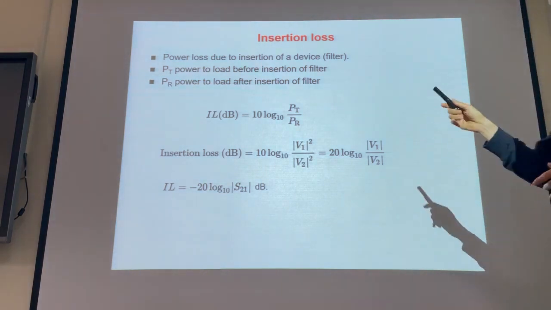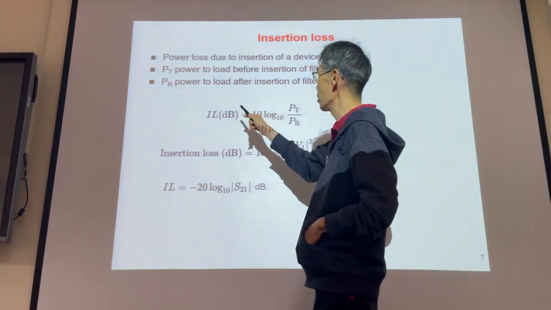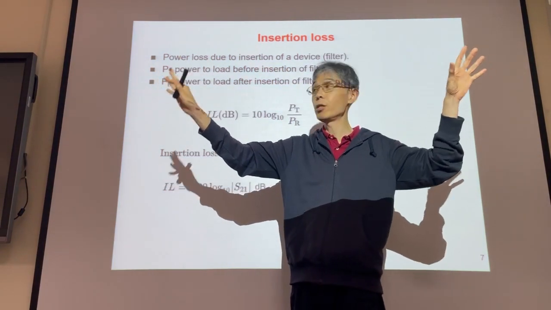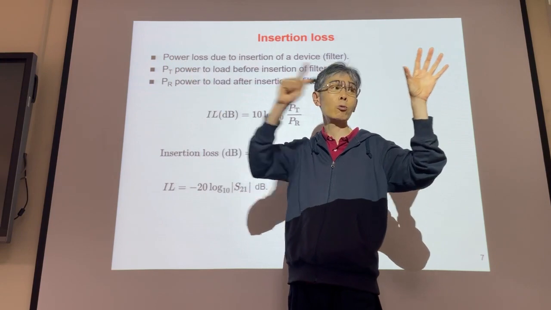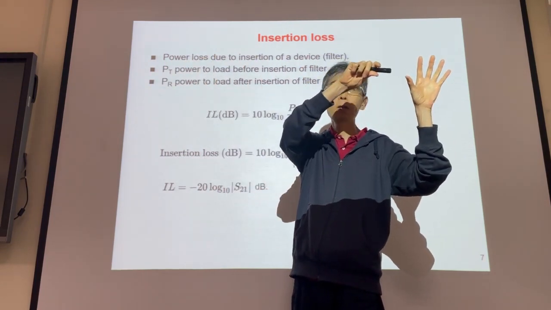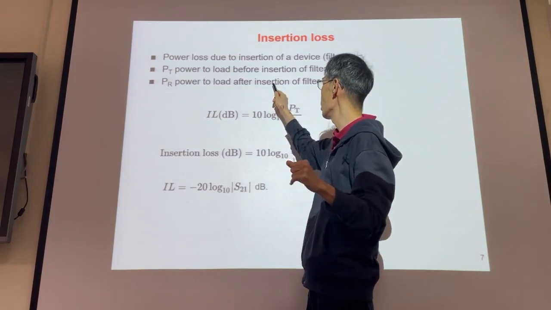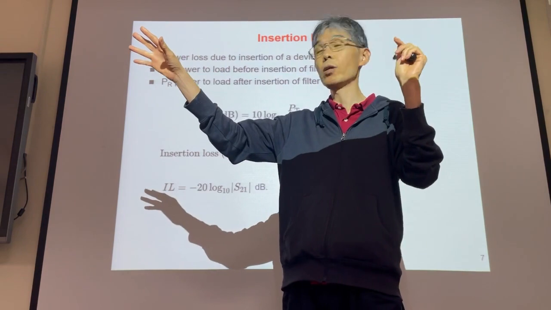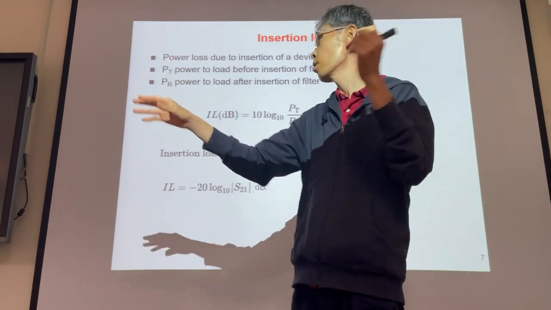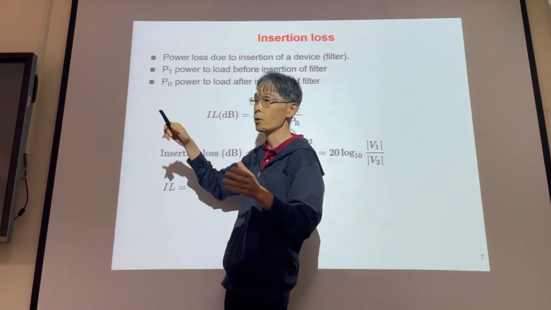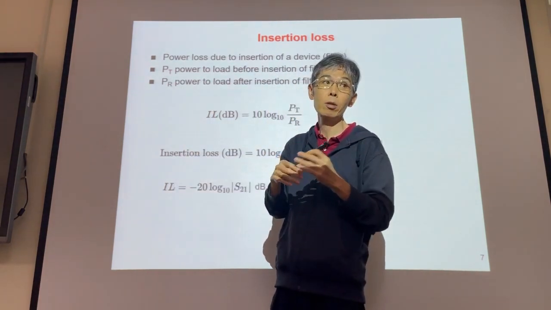So say PT is the power to the load. From power to load, we have power PT. But after you insert some component between the power and your load, the power is going to decrease.